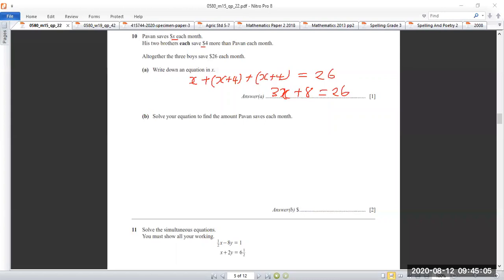Okay, so let's find the value of x. Anybody can solve this equation now. Try to write as big as you can. 3x plus 8 is equal to 26.